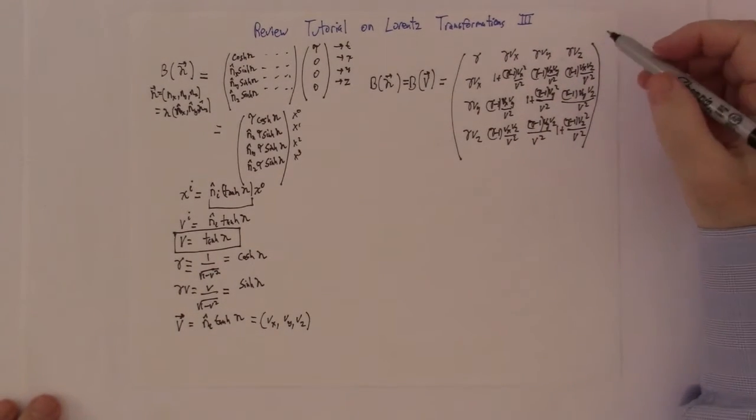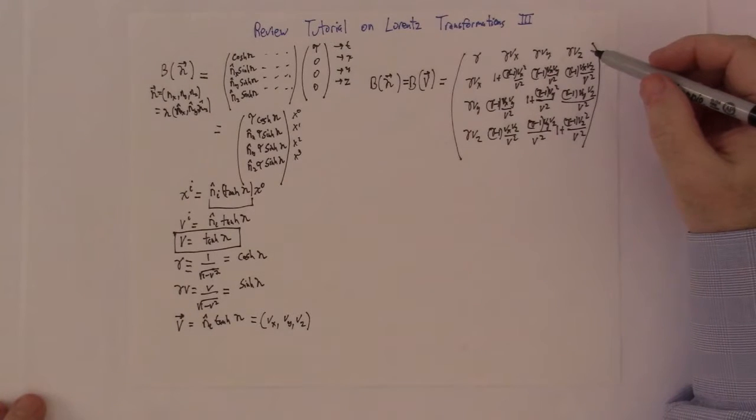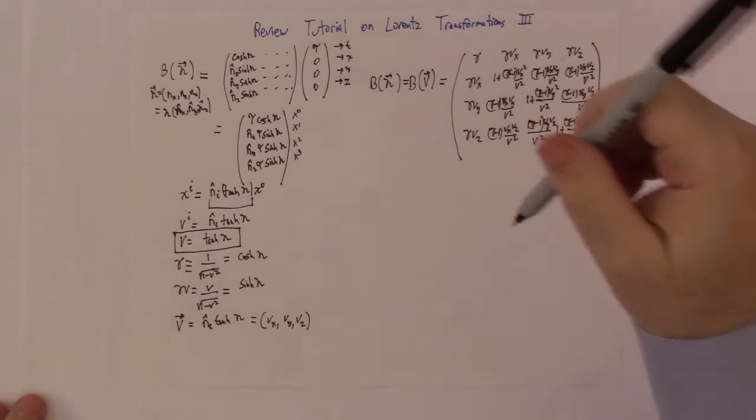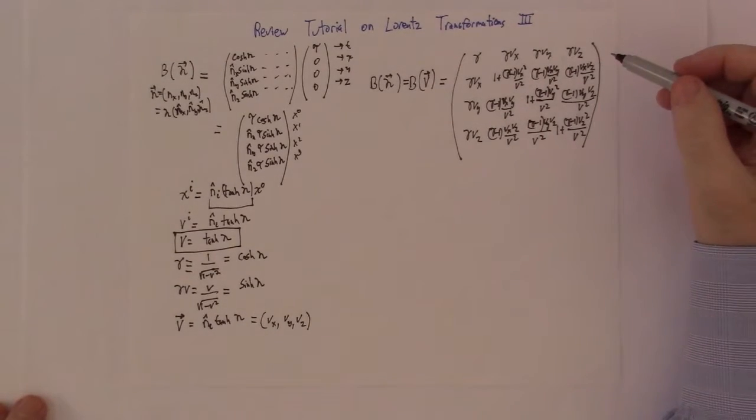So this is it. This is general: if somebody ever tells you you have XYZ coordinates and you're boosting with these velocity components, this is the boost matrix.